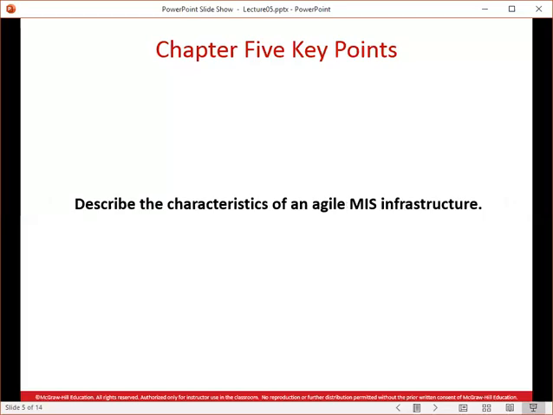Next, we looked at the characteristics of an agile infrastructure. So first characteristic is accessibility, and that refers to the varying levels that define what a user can access, view, or perform when operating a system. Availability refers to the time frames when the system is operational.